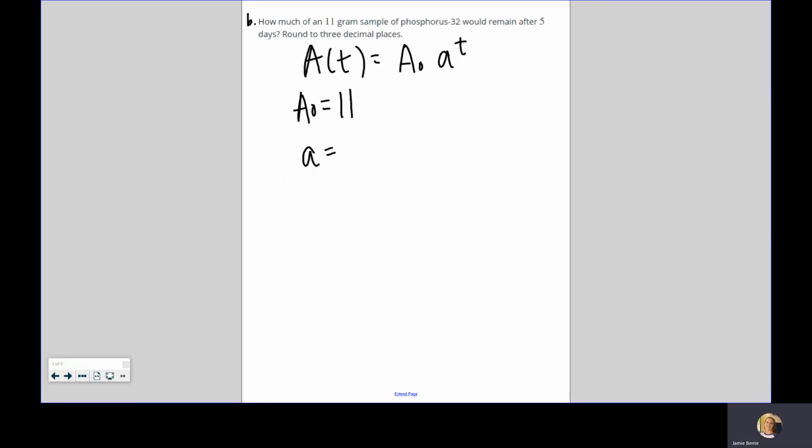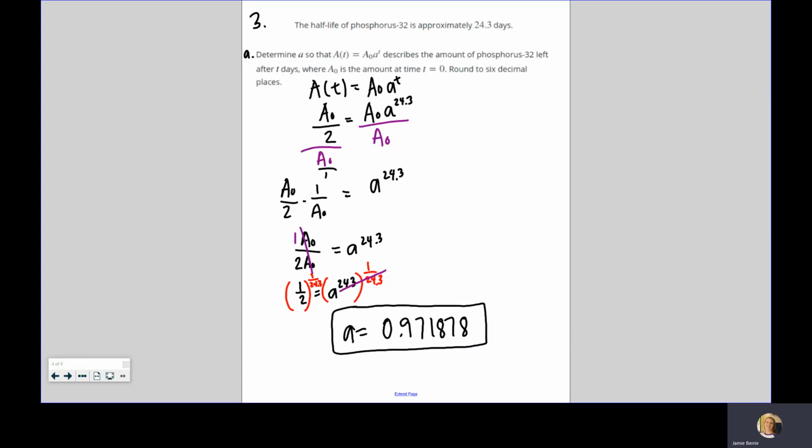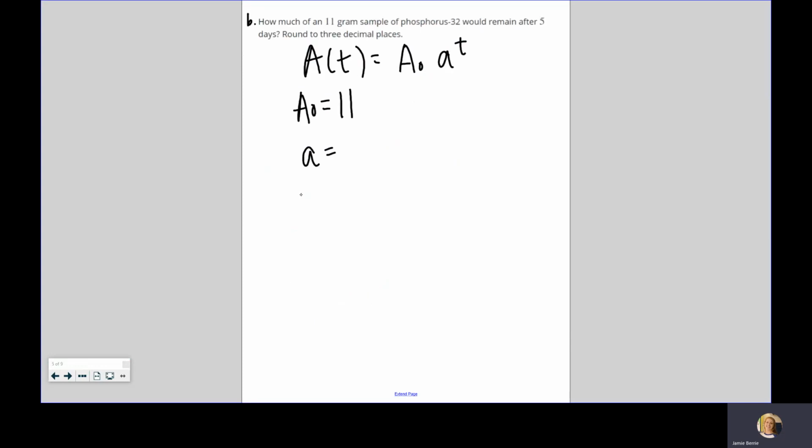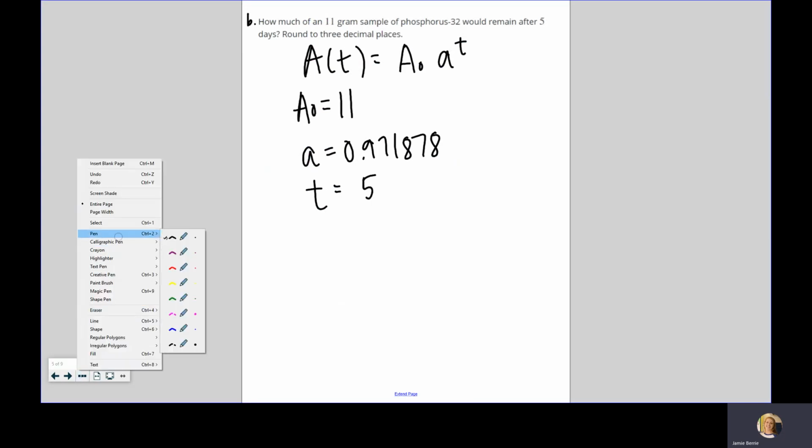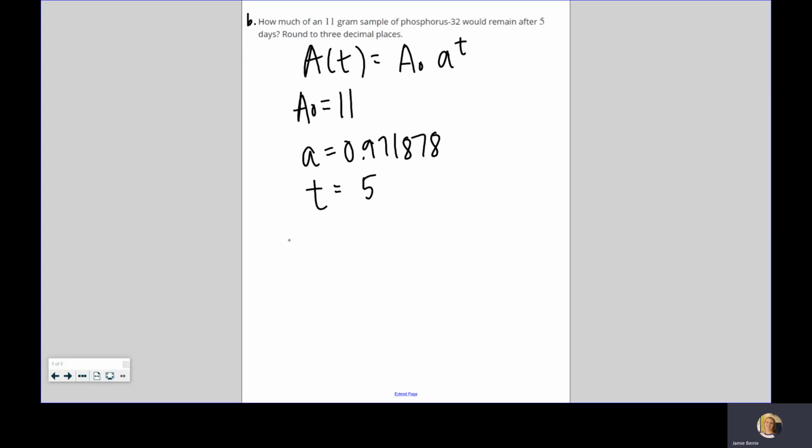We know that little a, which we just found on the last page, is 0.971878. And we know that t, the amount of time that we're waiting, is 5 days, so t is 5. So let's just plug in our numbers, and we will plug this in our calculator.